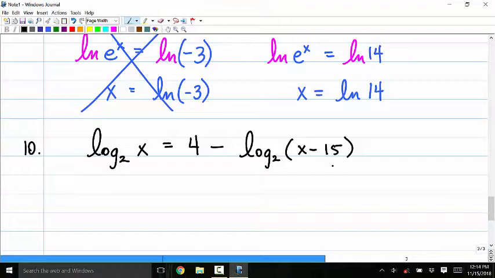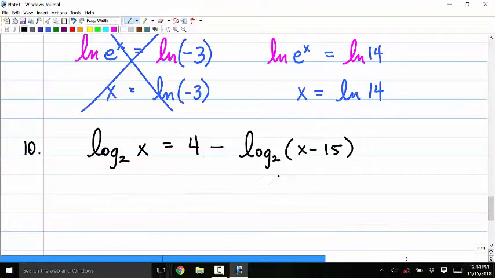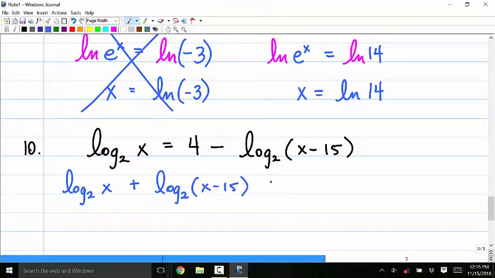You need to get the logs on the same side, right? So I need to add this log to get it over here. Log base 2 of x plus log base 2 of x minus 15 is equal to 4.